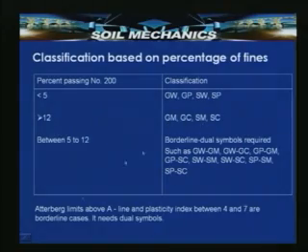If it is less than 5, it is a clear cut case: GW, GP, SW, SP. If it is more than 12, then GM, GC, SM, SC. Atterberg limits above the A line with plasticity index between 4 and 7 are borderline cases and need dual symbols. So, that is where the CL-ML classification comes into the picture.